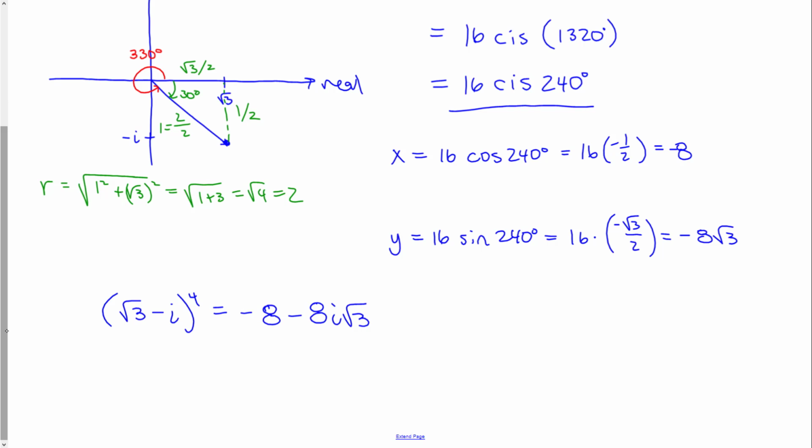So if we had multiplied out 4 different times, this is what we would have arrived at eventually. I think it would have taken significantly more time than going through just 2 conversions from rectangular to trig, then trig to rectangular.